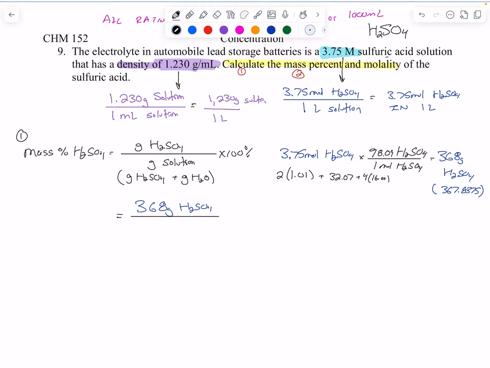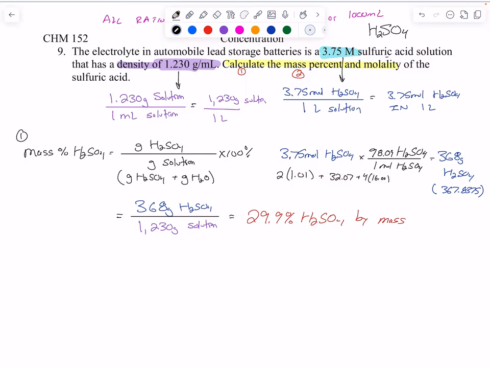Divided by our 1,230 grams of solution equals 368 divided by 1230, times 100 is 29.9. All right, so there's our mass percent.